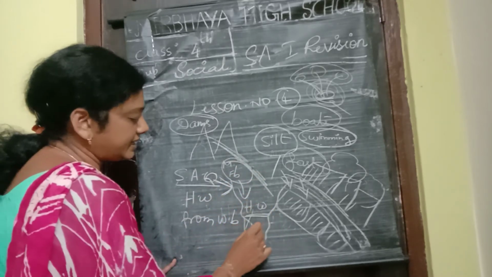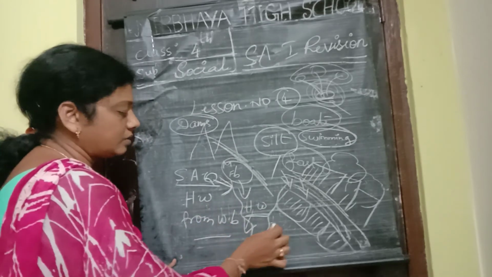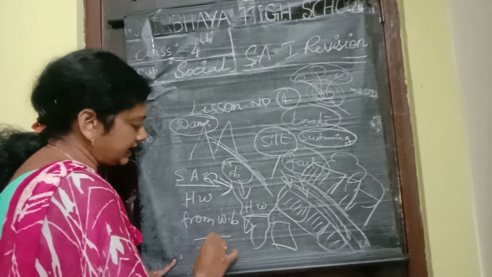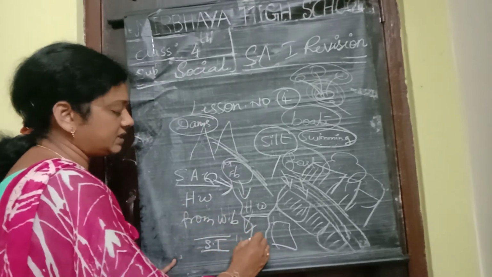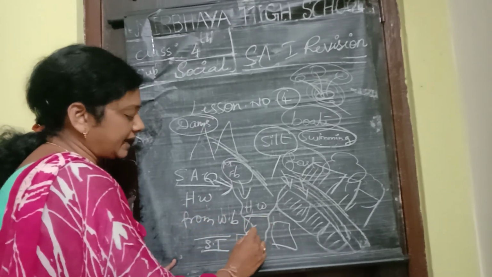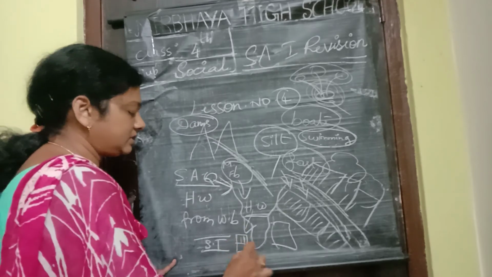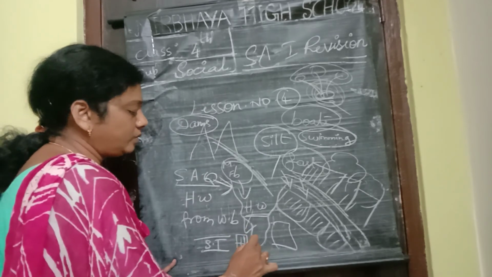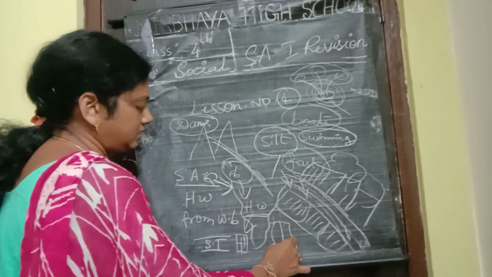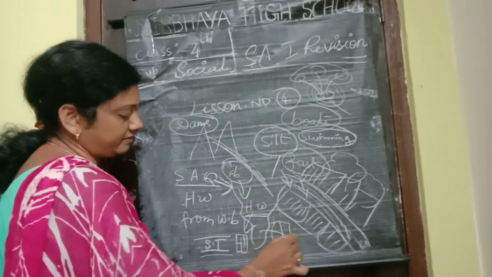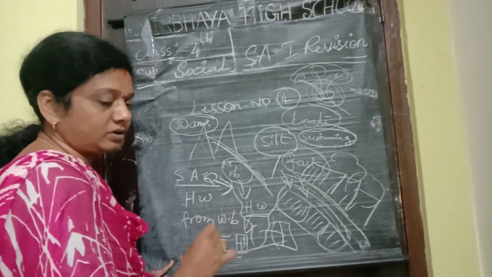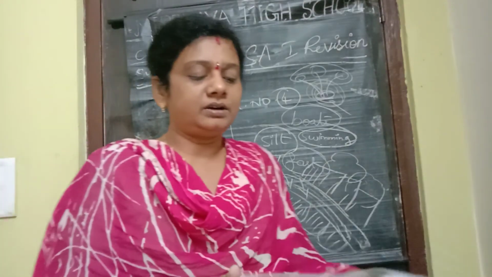Not only simply copying the question: close your book and write like a test, and ask your brother or sister, anyone who is there, to correct your book. Otherwise, if no one is there, you can do it on your own. Just close your book, write the answer, then open the book and see whether you have written the answer correctly, and the spellings. Okay, and do your revision properly, children.